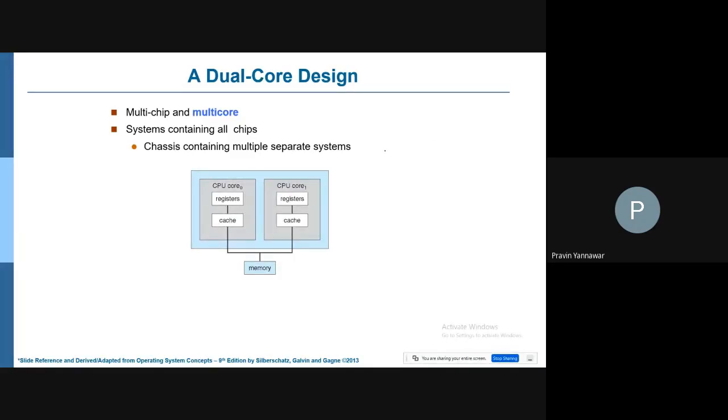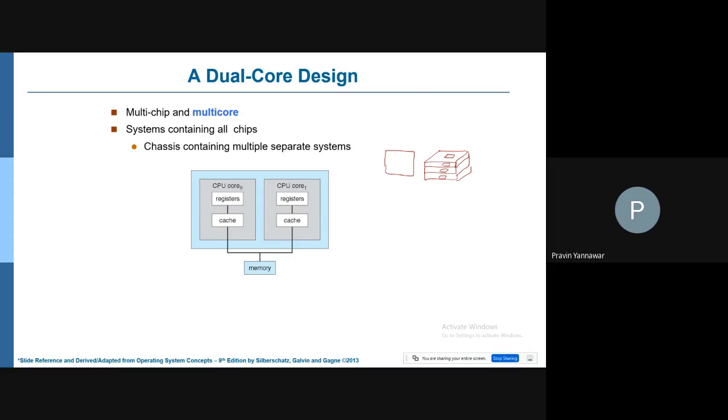If this is the CPU chip, then on this chip this is one core, this is a second core, this is a third core, this is a fourth core. So it is one processor here, a second processor here, a third here, a fourth here.